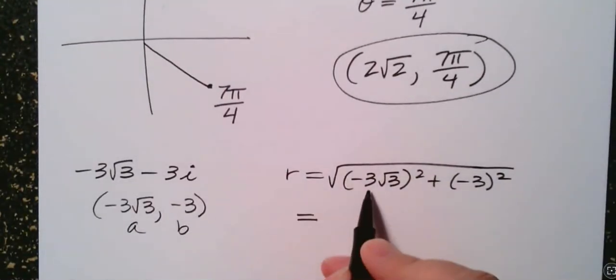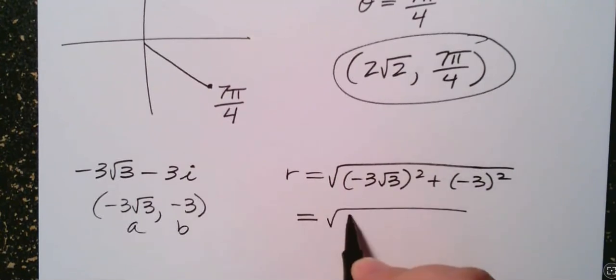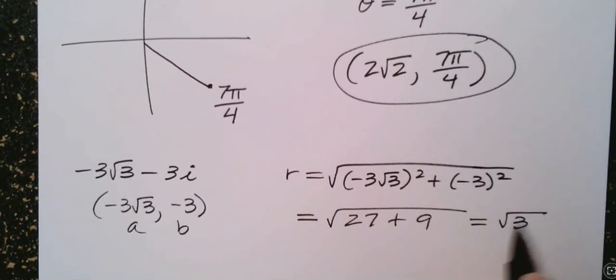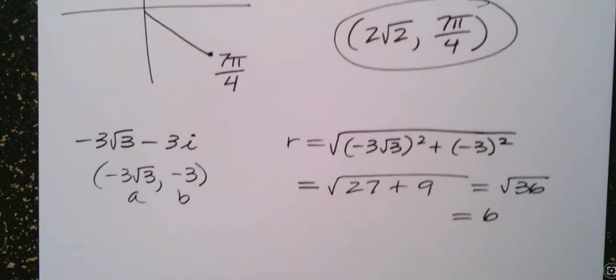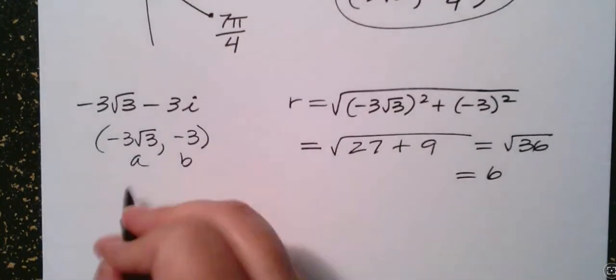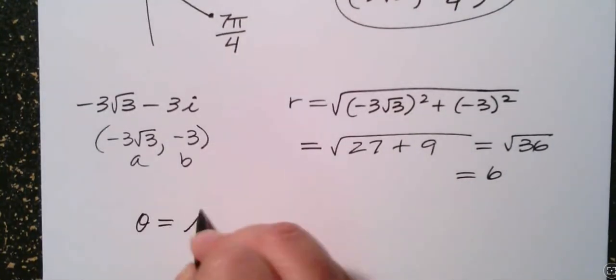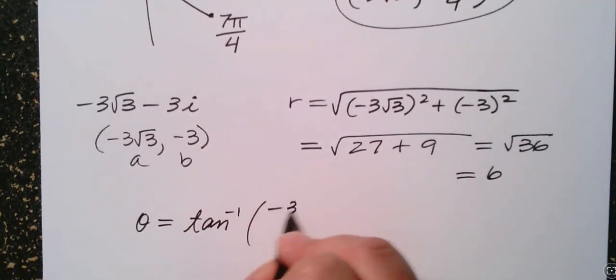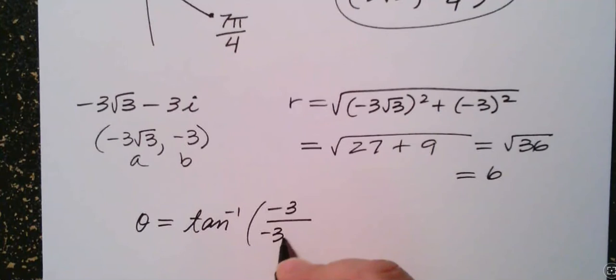And this is 9 times 3, which is 27. And this is 9. And together that's 36. And my answer is 6. So that's a nice one. Then we have theta is the inverse tan of b over a.